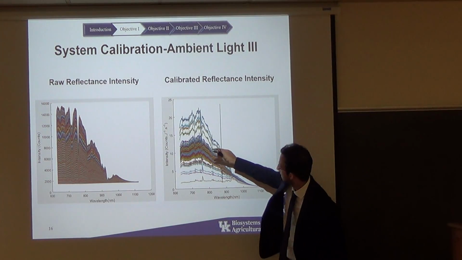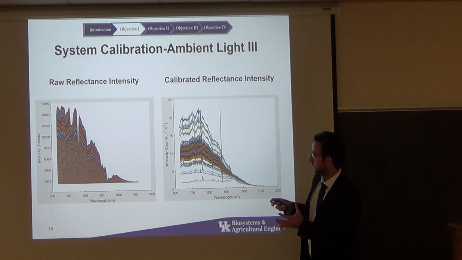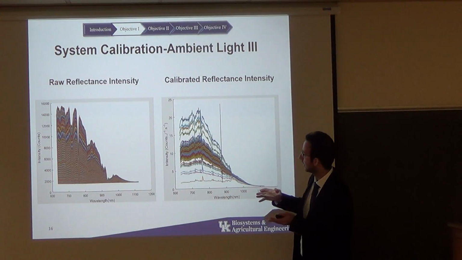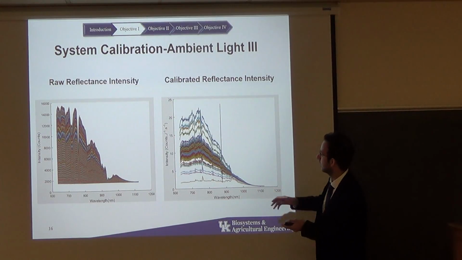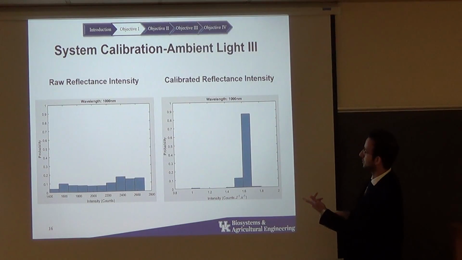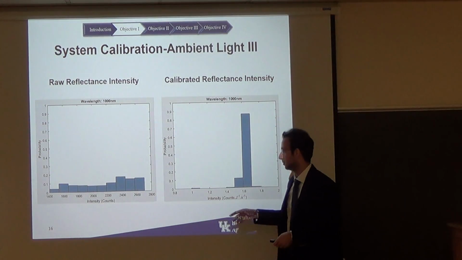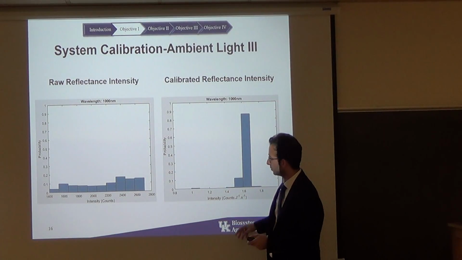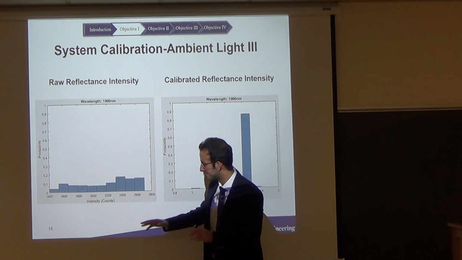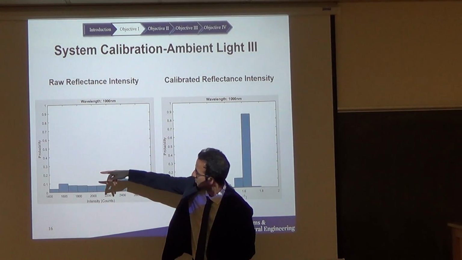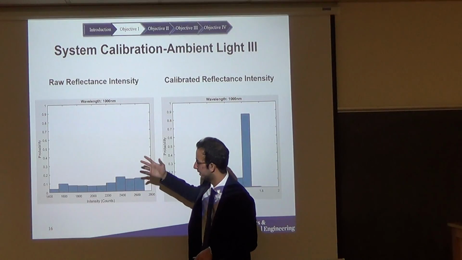So you can see the density of these profiles is very high around the average, and we have some outliers. If I want to show it in a histogram, you can see, for example, for a wavelength of 1000 nanometers, from the same target and same wavelength, we are getting different intensities, and the probability is very evenly distributed.